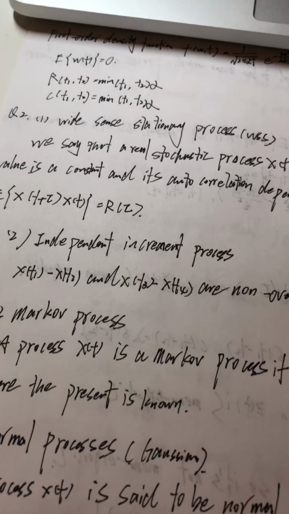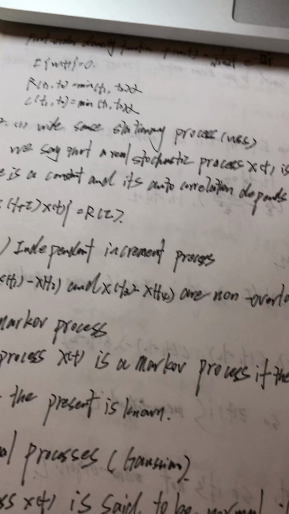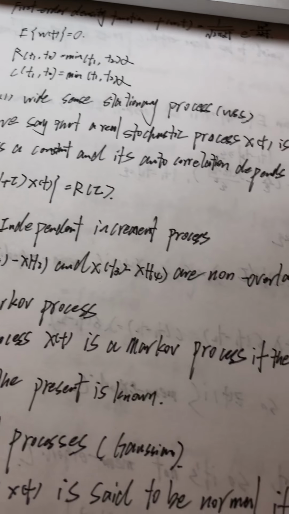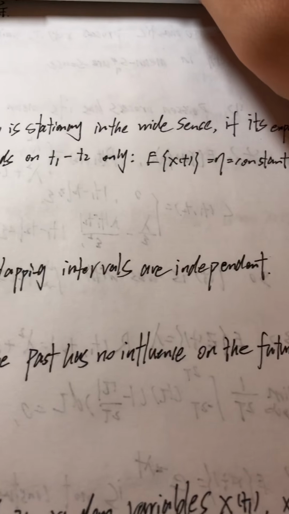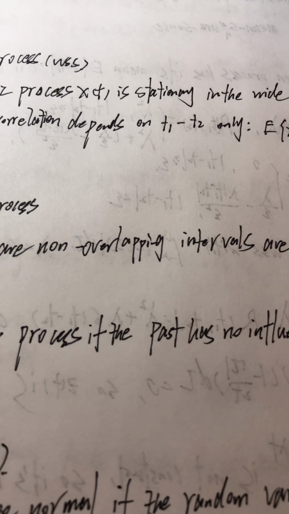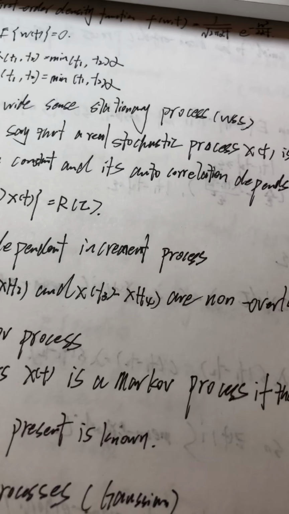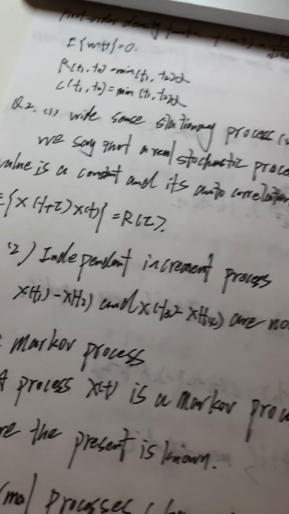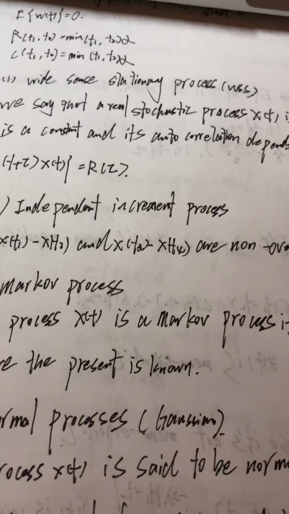And the second one is independent increment processes, where x(t1) minus x(t2) and x(t3) minus x(t4) on non-overlapping intervals are independent. It's pretty obvious that if these two intervals are non-overlapping, then these two are independent.